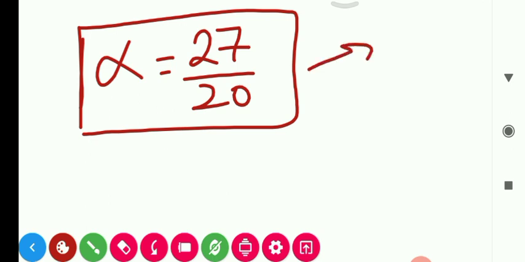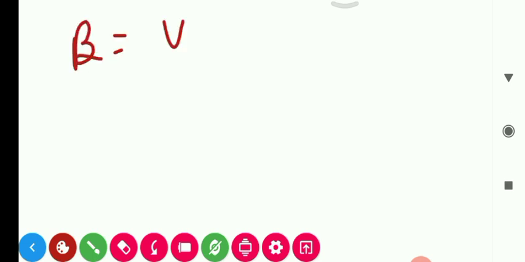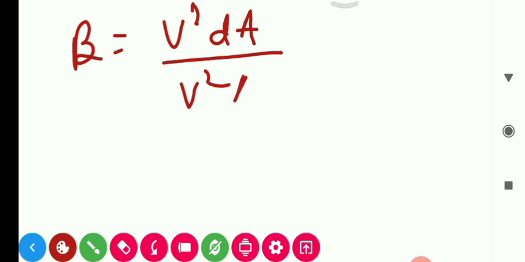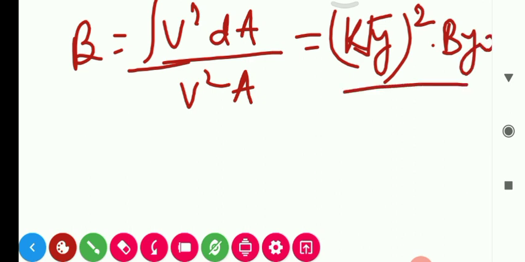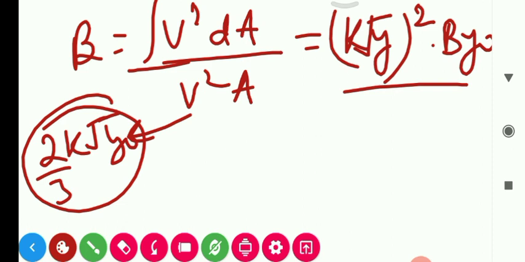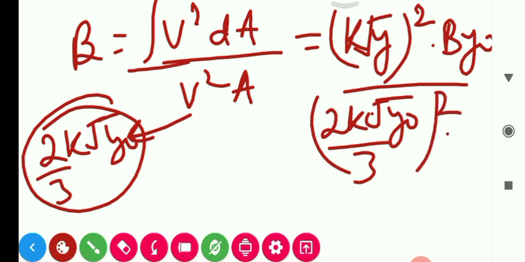What will be the momentum correction factor beta? Beta will be v squared dA upon v squared A. Here v is k under root y whole squared, and dA is b into dy, the elemental area, upon 2k under root y naught by 3 whole squared into b into y naught.